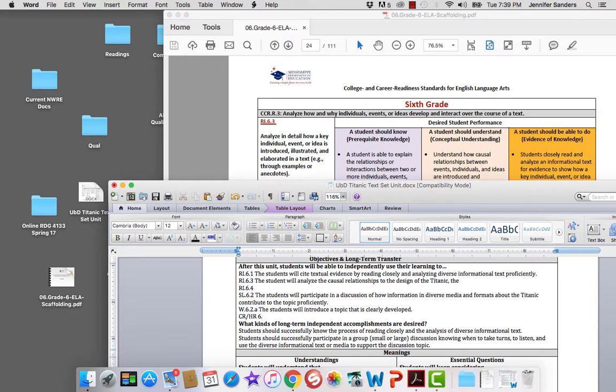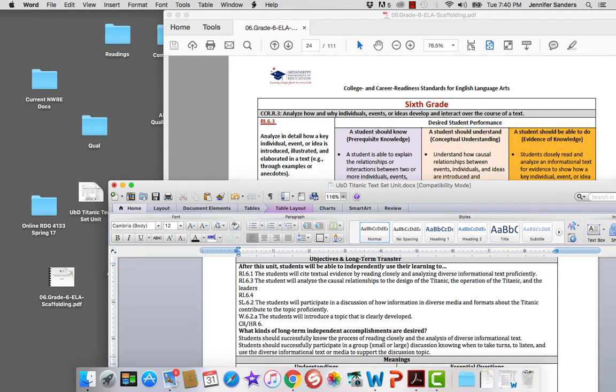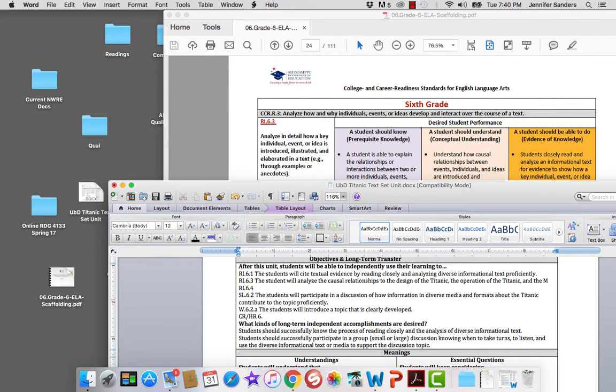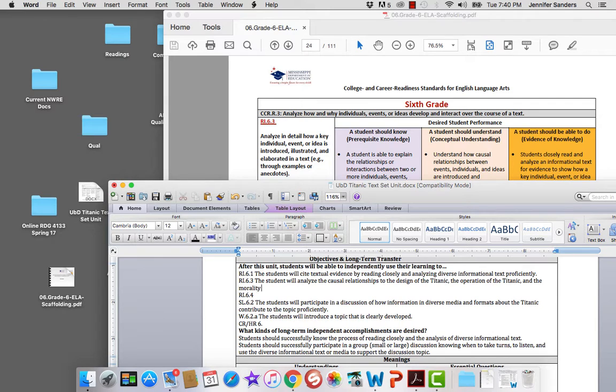the operation of the Titanic, and the leadership, the morality of the crew of the Titanic.